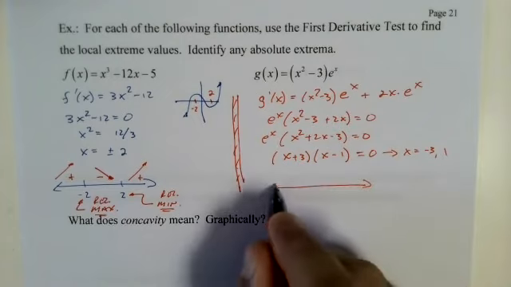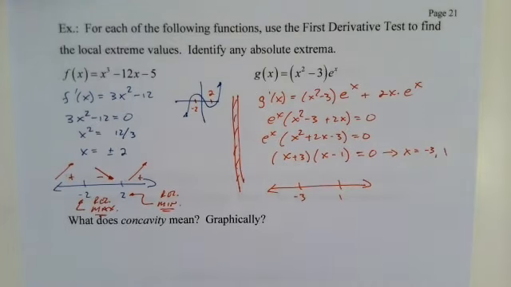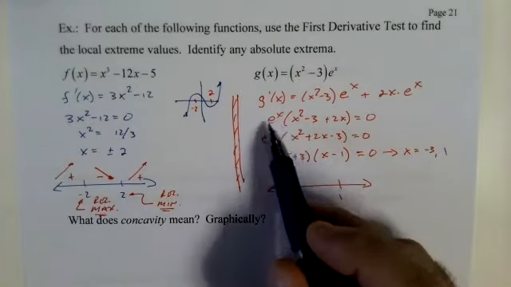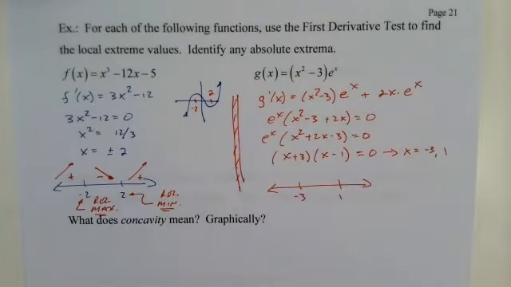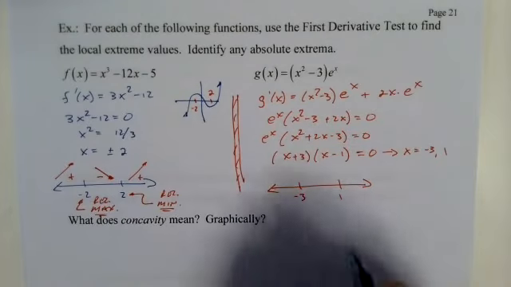Number line it. Notice I don't try and make my number line perfect. Just keep it moving. Plug in 0 to the derivative. E to the 0 is 1. So this is always positive. I can kind of ignore it. I'm going to plug it in here. 0 minus 3, so it's negative.